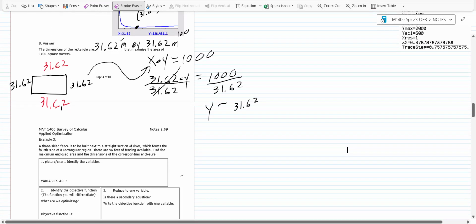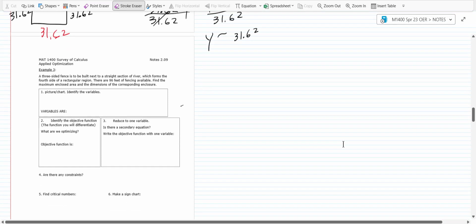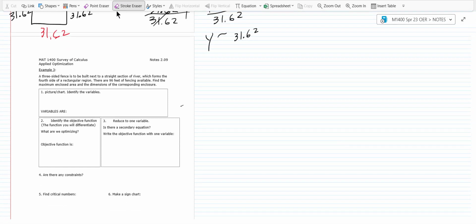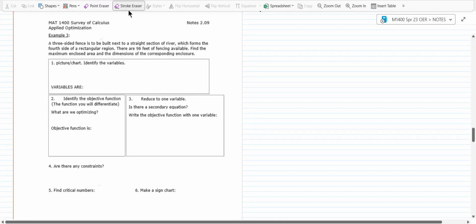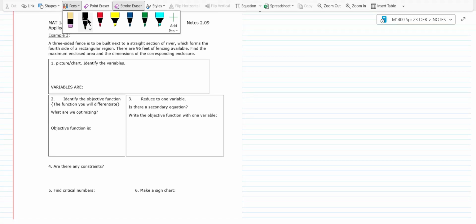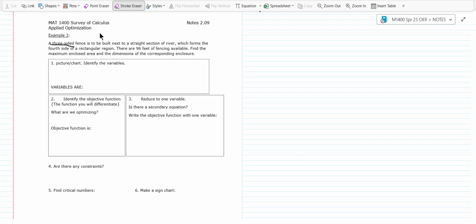All right, let's go into example 3, then we'll take a break here. This one is a little different twist. The only difference with this problem is it says you have a 3-sided fence. It's built next to a section of river, and it's going to form a rectangular region.